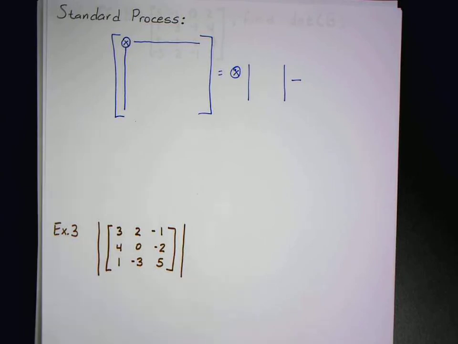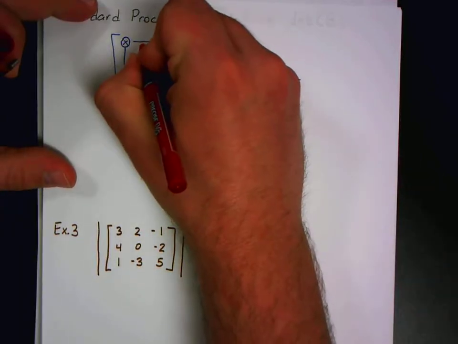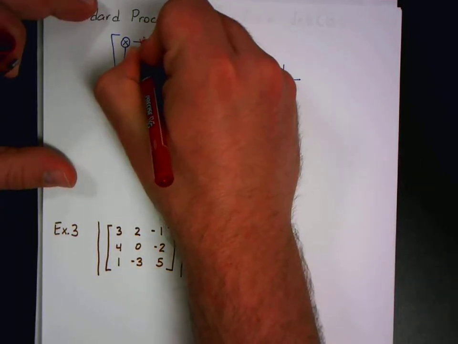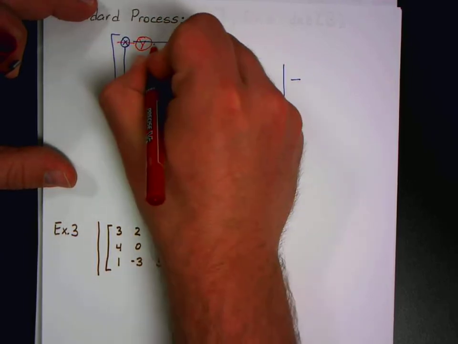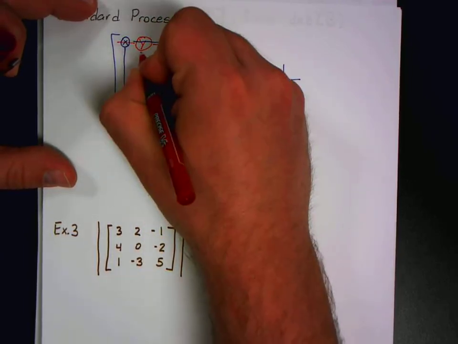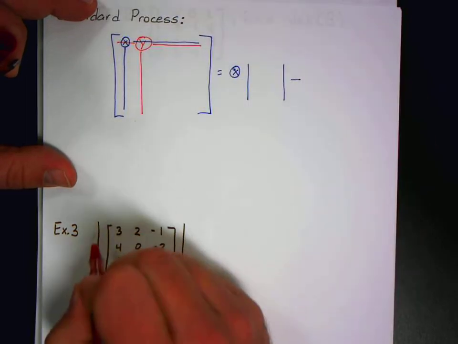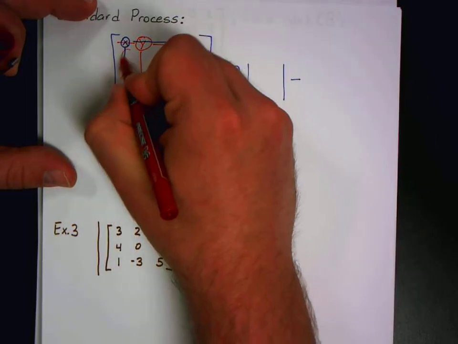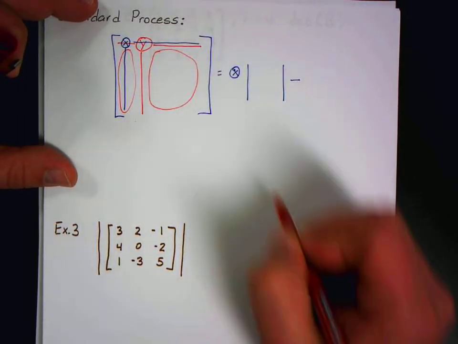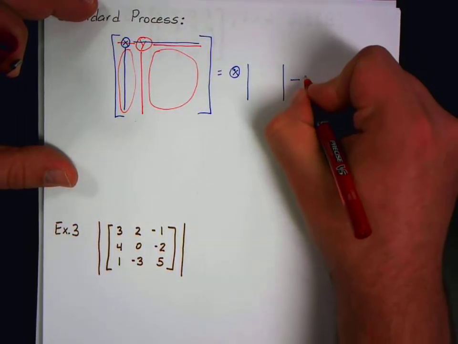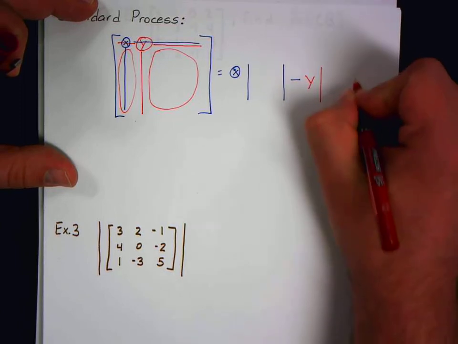So then I move over a space. So say the next thing here is y. So I circle that one. I ignore everything along the row and the column. Everything else here, so I would take this and this, and I would take y times the determinant of all of that.